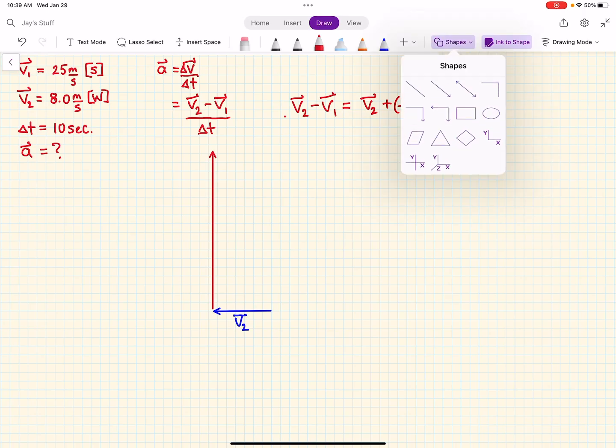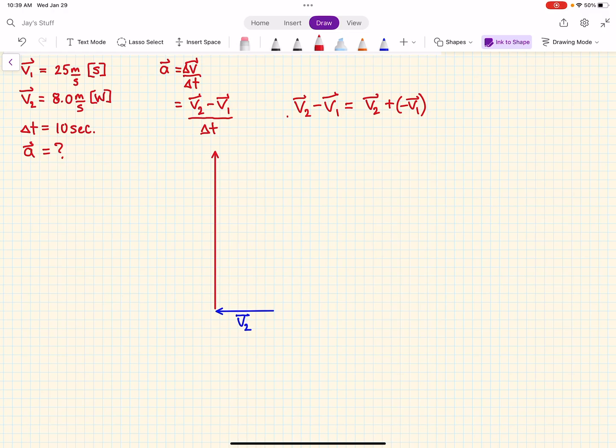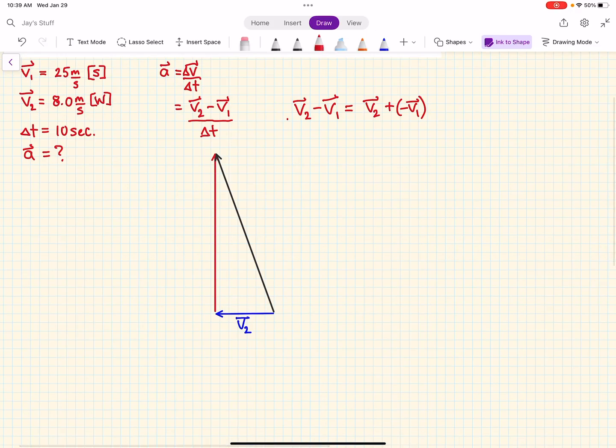So this is now V2 plus negative V1. And the resultant vector, use a different color again here, you simply go from the start to the end. So that's the vector that we're trying to calculate. So this is negative V1, and we are trying to calculate this vector, which is V2 minus V1, or delta V. So here, this is a right angle triangle.